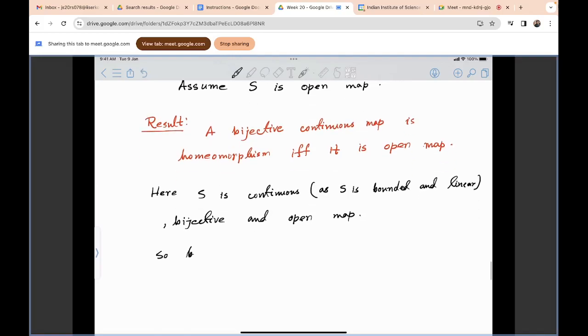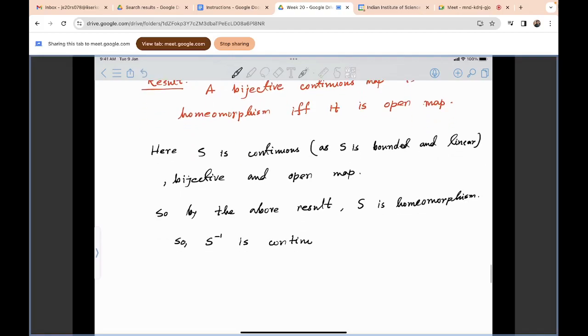So by the above result, S is a homeomorphism. Means S inverse is continuous, because homeomorphism means the inverse map is continuous.